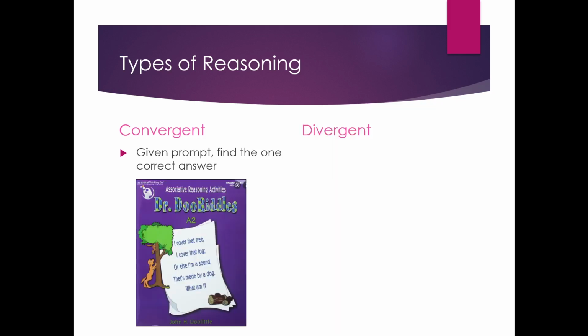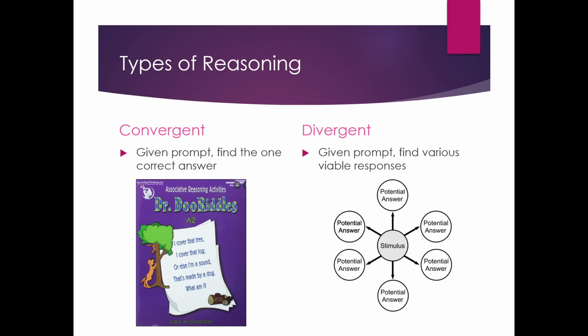That's different from divergent reasoning, which is where you have a prompt, but your job is to find various viable responses. So I've given you some kind of stimulus, and you can come up with any answer that you want or any number of answers that you can generate. So I might say, think of all the things that you could do with a paper clip.